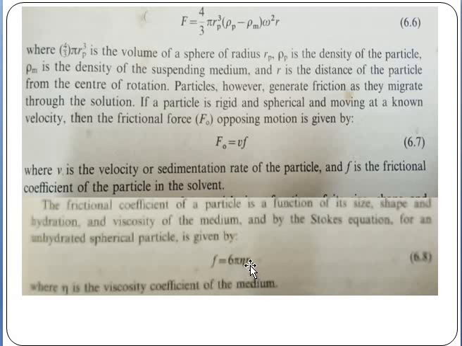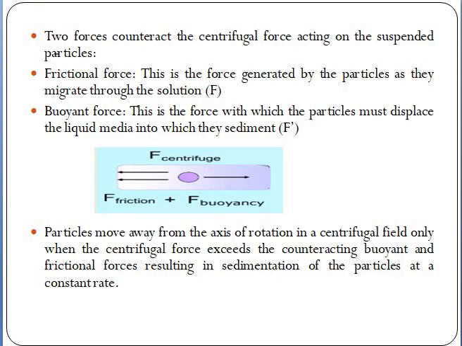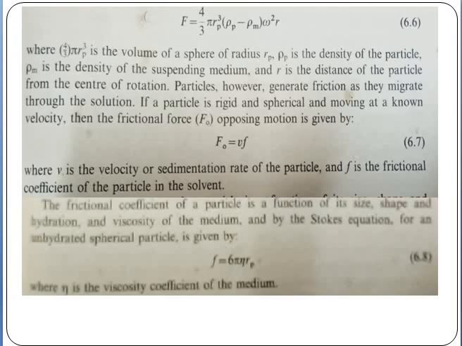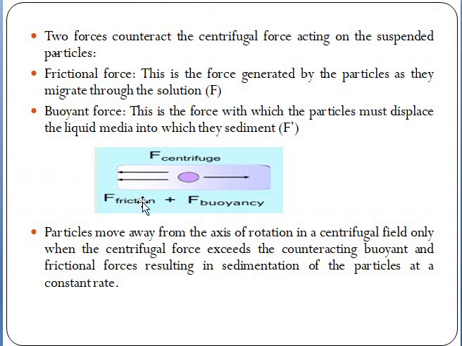f is equal to 6π η rp, where rp is the radius of the particle. See, r is the radial distance from the axis of rotation, whereas rp is the radius of the sphere, that is, the particle being separated. On simplification, we will find that the two forces experienced by the particle are the buoyancy and the frictional force.